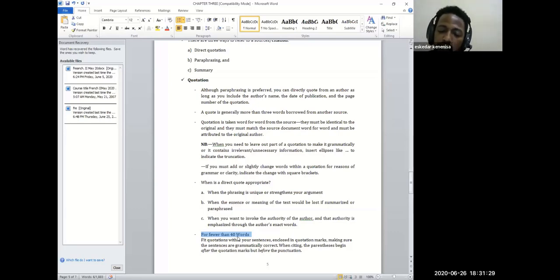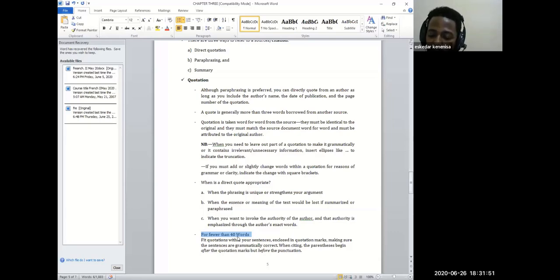Therefore, for less than 40 words, you can include it into your own paragraph under quotation. Before the start of the quotation and after the end of the quotation, you have to make the quotation signs and full stop.